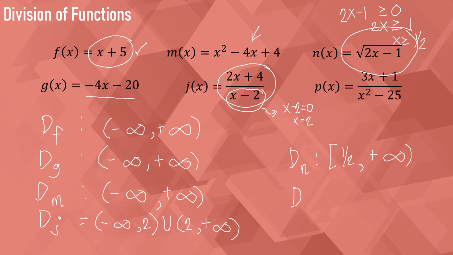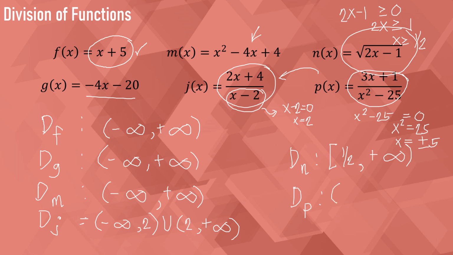Now the domain of function p. This function p is also a rational function just like function j. Therefore, we're going to equate x squared minus 25 to 0 just for us to know the values of x that will make it 0. So we have x squared is equal to 25. So x is positive or negative 5. Therefore, we have two values of x that should not be included in the input because they will make function p undefined.